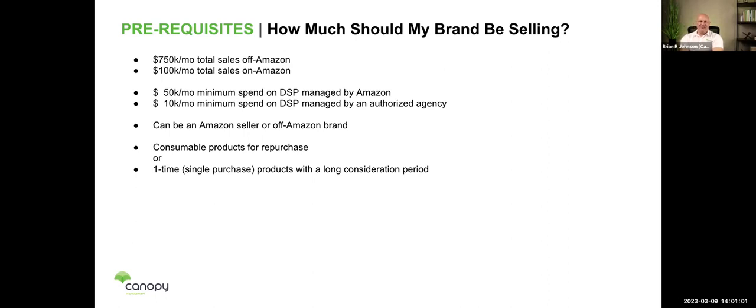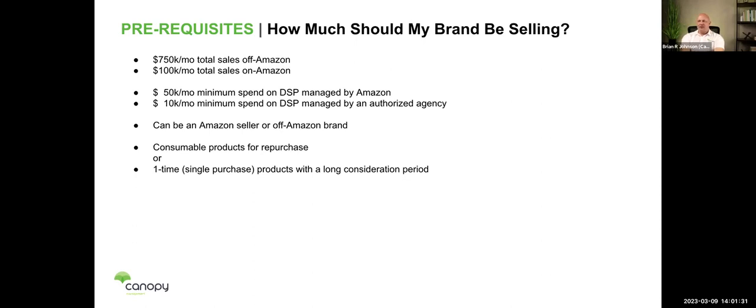If you look down below, you can see that if you're using DSP that's managed by Amazon's own internal team, which I certainly don't recommend, not because of the cost but because of the type of advertising they're doing, they require at least $50,000 per month. Sometimes they put it on sale for $35,000 minimum per month, but it's currently about $50,000, I believe. Through an authorized agency like Canopy Management, you can do about $10,000 per month minimum ad spend.